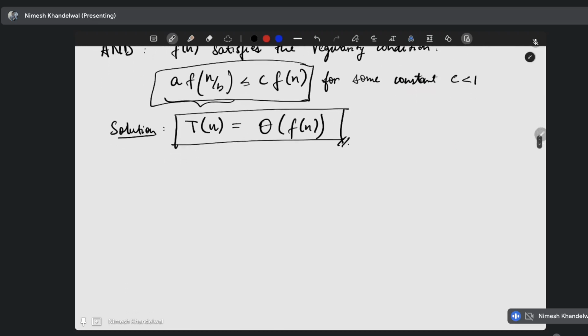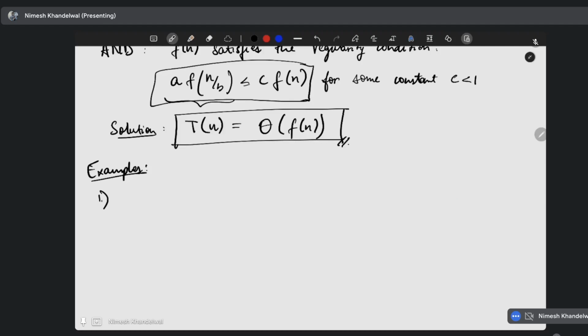So now let's take some examples. These examples are also there in the lecture notes, and I am keeping them similar.